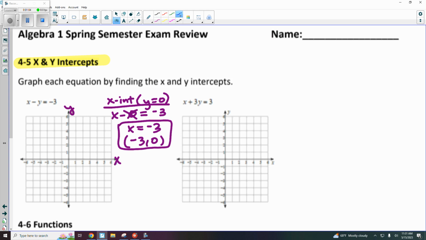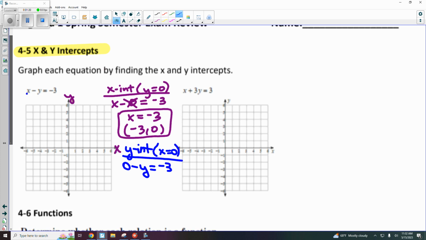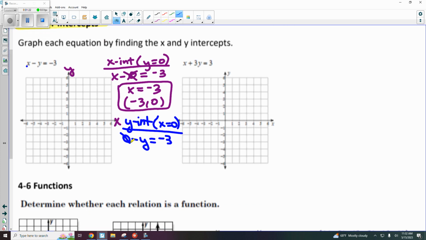And now the next one we find is your y-intercept. And we find that for when x equals 0. And same exact thing, if your formula says x minus y equals -3, we're going to get 0 minus y equals -3. Once again, I love 0 because it just disappears, but what are we left with on y? Negative. You got a negative, so what do I have to do to get y to become a positive?